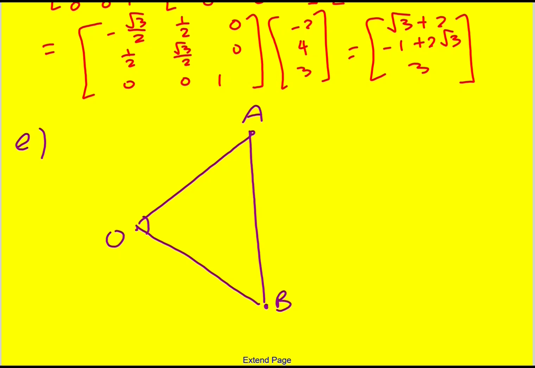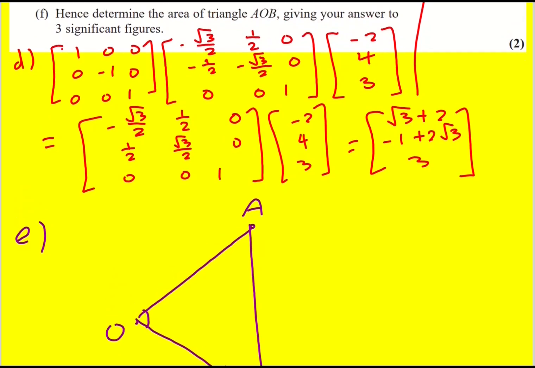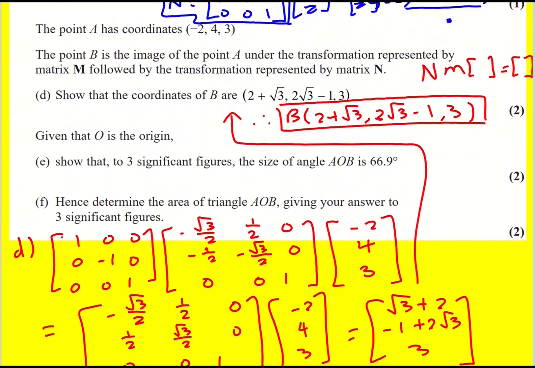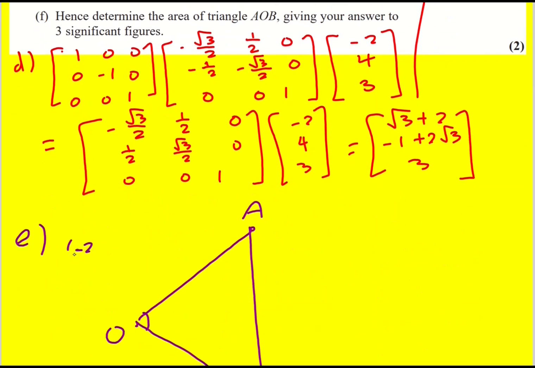So what I want to do is work out some of the lengths. I know the coordinate for A, so I can find the length OA. This is going to be minus 2 squared plus 4 squared plus 3 squared, all square rooted. That ends up being root 29.